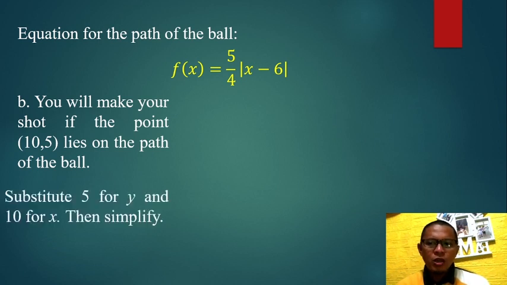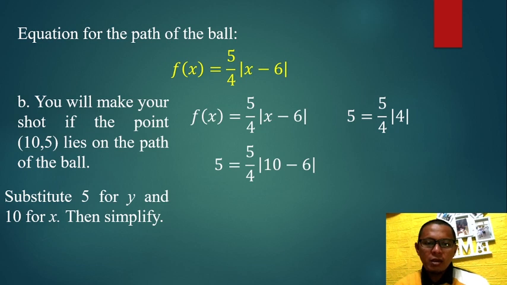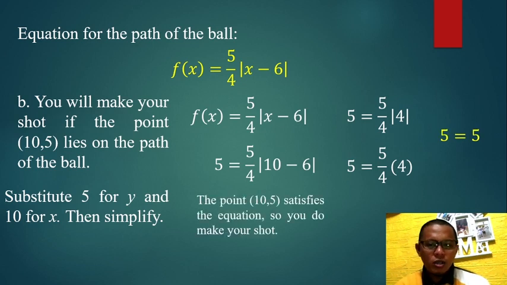Let's substitute 5 for y or f of x and 10 for x. 10 minus 6 became 4, and the absolute value of 4 is positive 4, multiplied by 5/4, that is 5. This means the point 10 and 5 satisfies the equation. So you do make your shot, right?